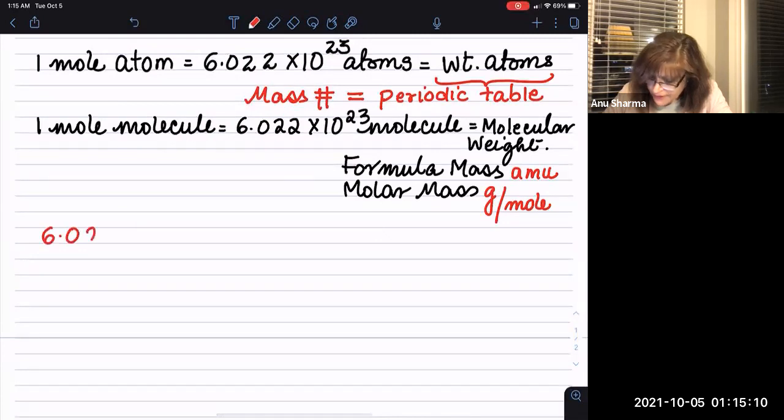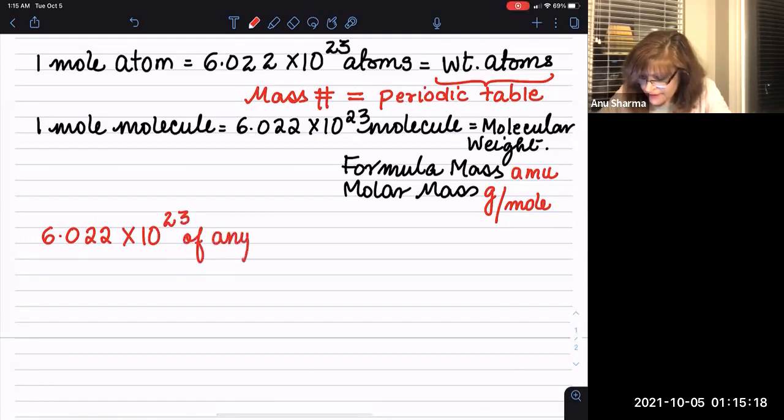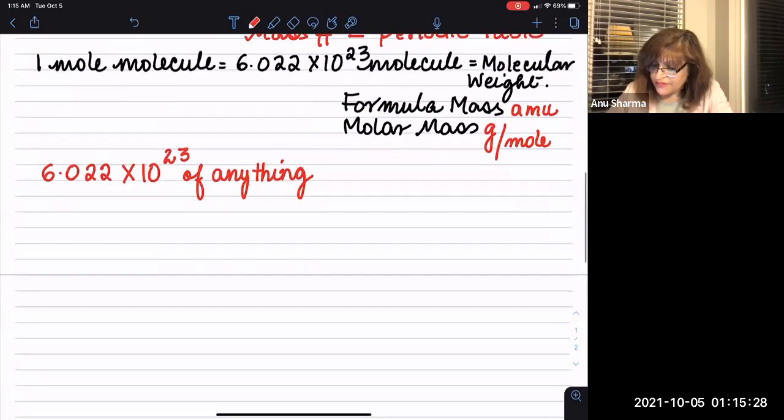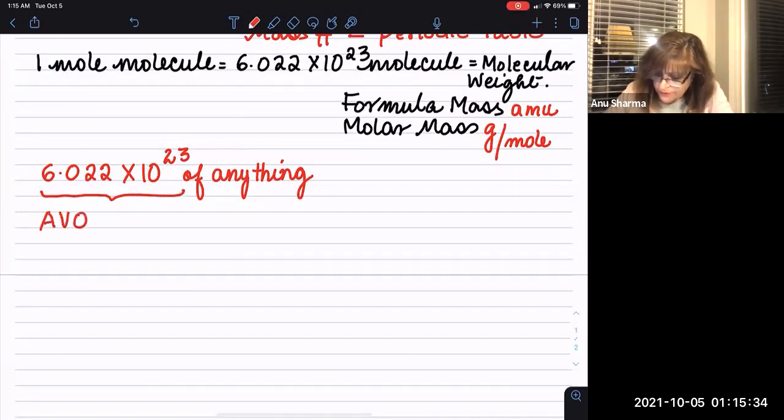So this 6.022 into 10 to the power 23 applies to anything. Obviously, this was done with the intention of measuring the weights of the atoms, but if you have this amount of anything, that is called Avogadro's number.